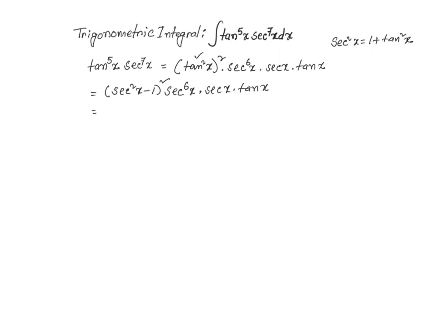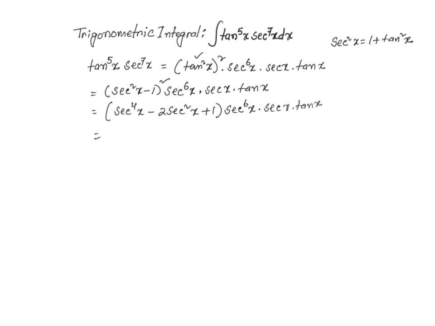That further could be simplified to secant to the power 4x minus 2 secant square of x plus 1 times secant to the power 6x times secant x tangent x.